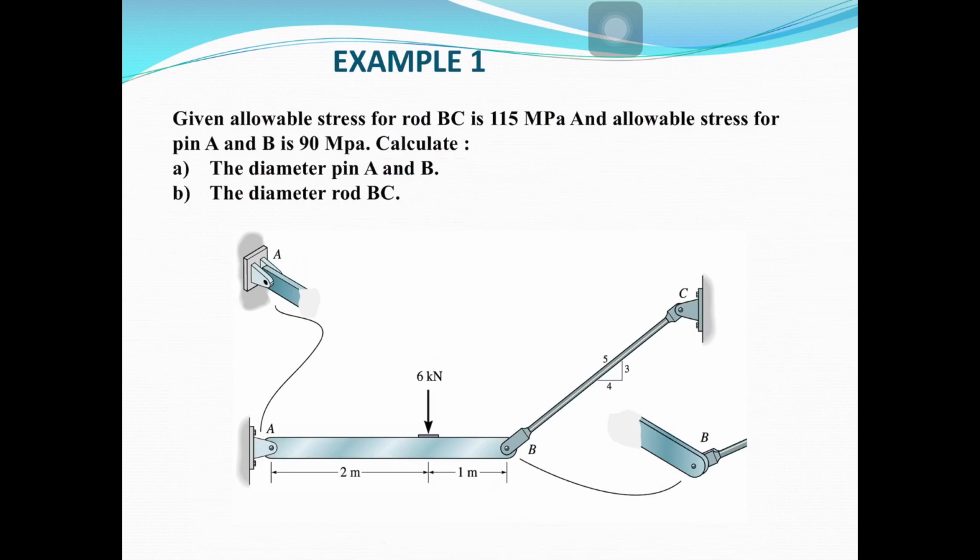For example, you are given the allowable stress for rod BC, which is 115. So sigma BC is 115, and the allowable stress for pins A and B is 90.